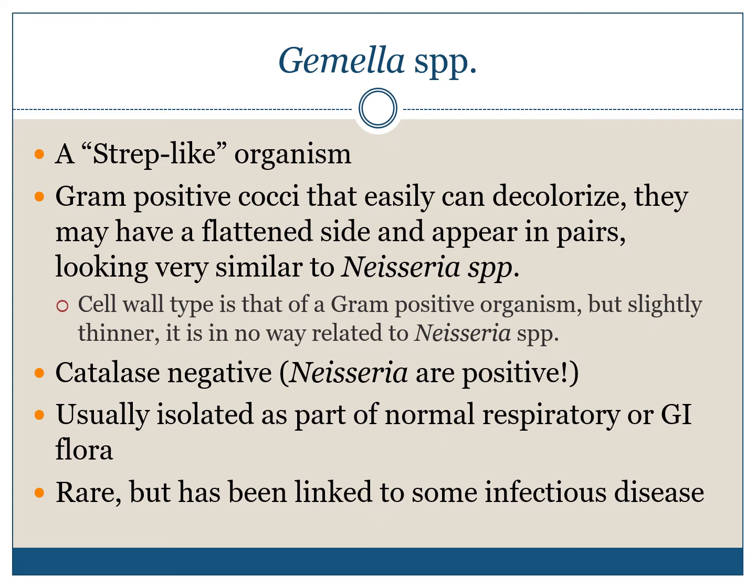They're catalase negative, whereas Neisseria are catalase positive, and that's one way you can tell you're dealing with a Gemella and not a Neisseria species. Gemella are usually part of the normal upper respiratory flora and part of the gastrointestinal flora. It is rare, but they can be linked to some infectious diseases like wound infections and endocarditis.